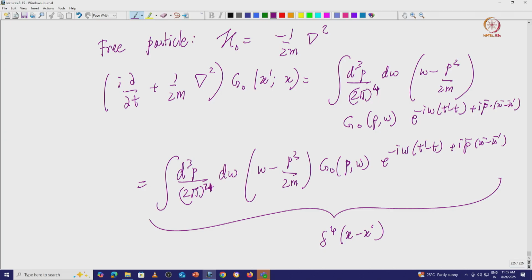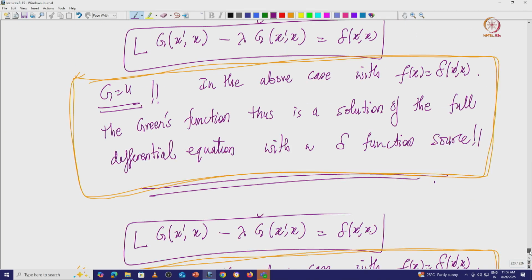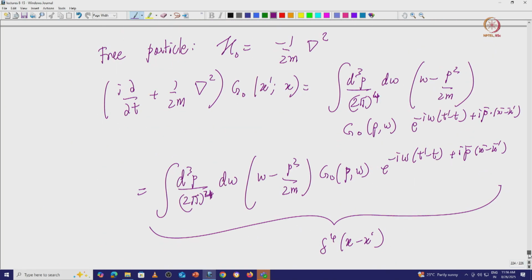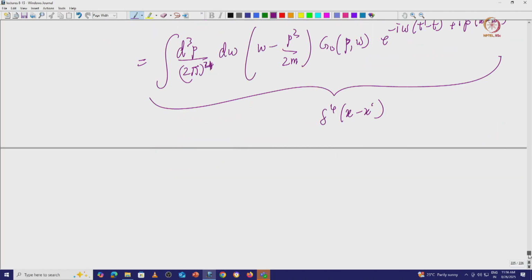Now given that omega is not equivalent to p square by 2m, this is only possible when G of z is 0. This all should be equivalent to delta power 4.